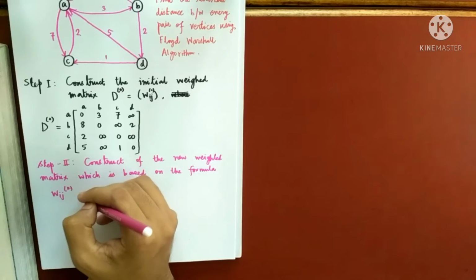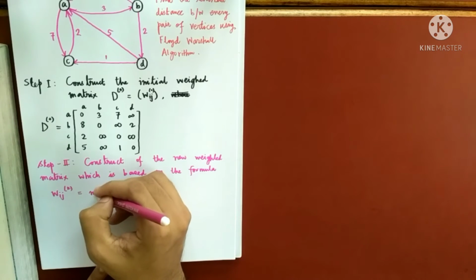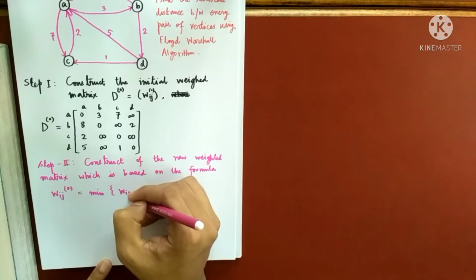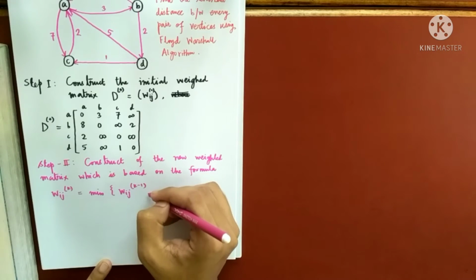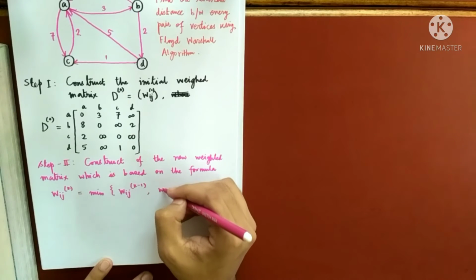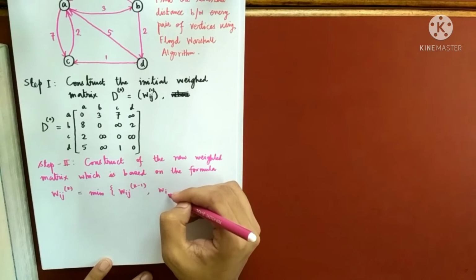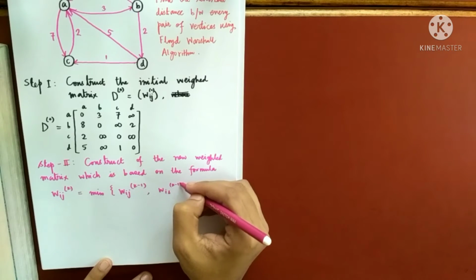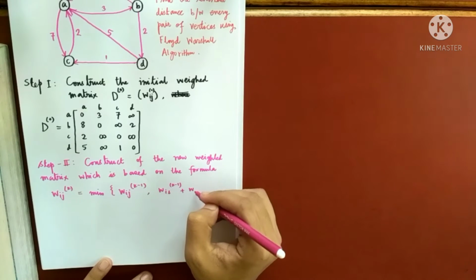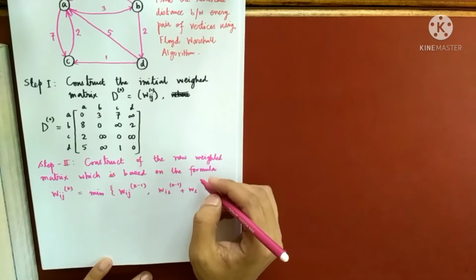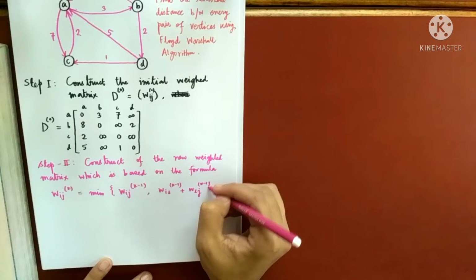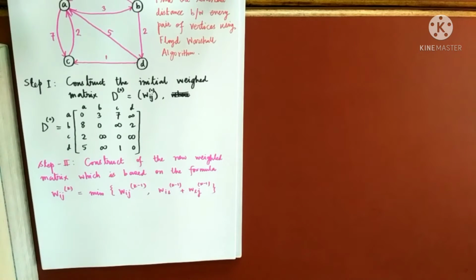So this is Wij^k, which is the minimum of Wij^(k-1), and Wil^(k-1) plus Wlj^(k-1). Just write down this formula, I'll explain.